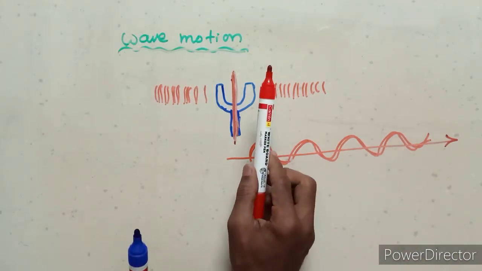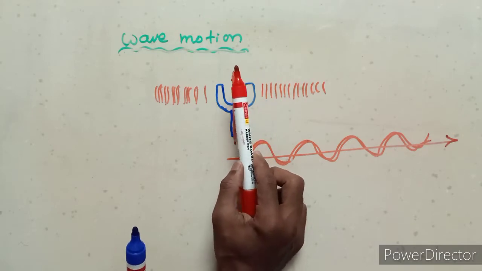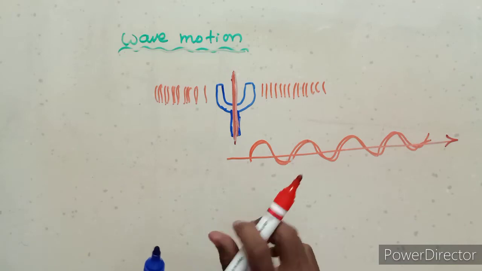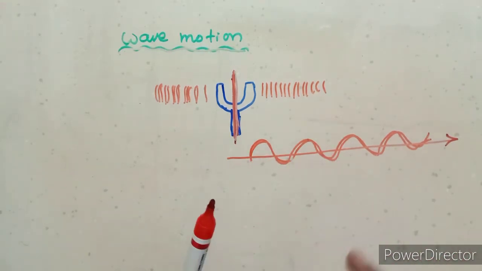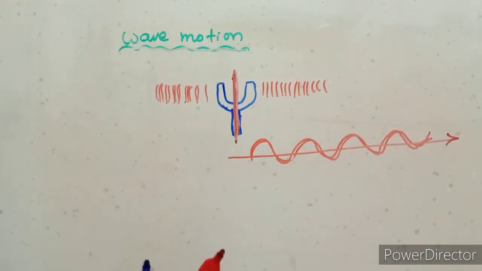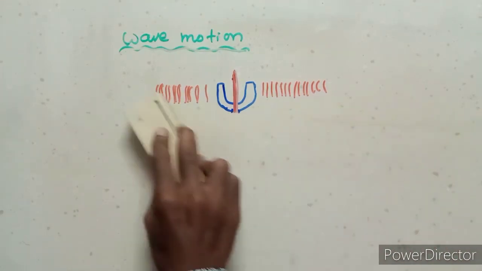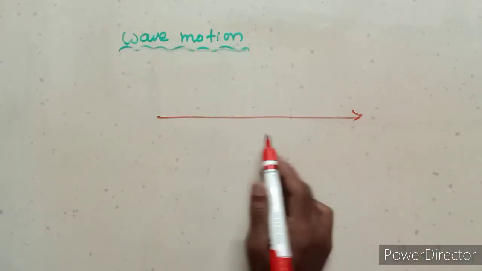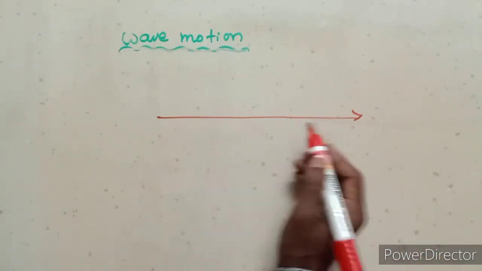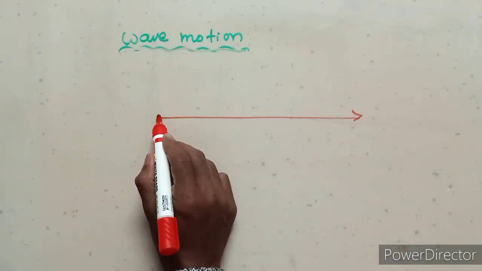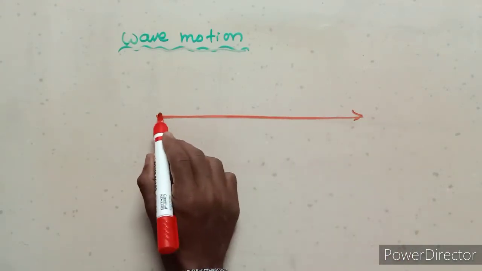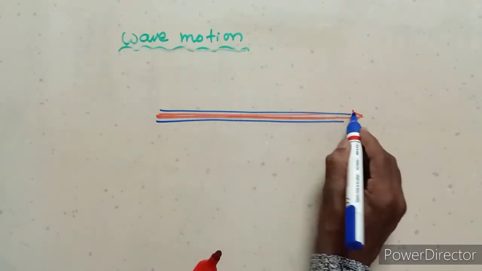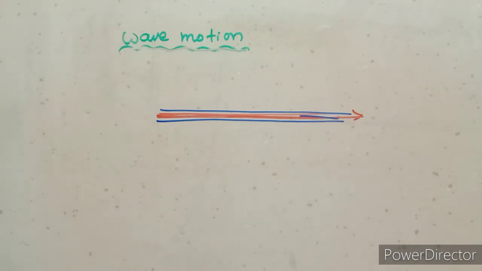And also if the particles of the medium move left and right about their equilibrium position, perpendicular to the direction of propagation, it is a transverse wave. And longitudinal wave means the direction of vibration of the particle is the same as the direction of propagation of energy transfer.